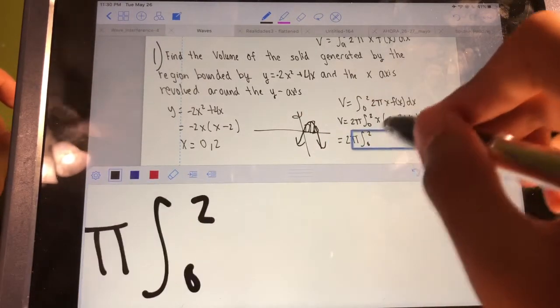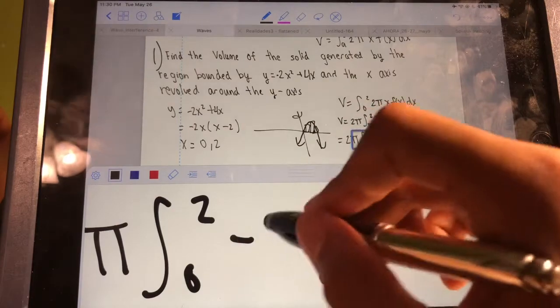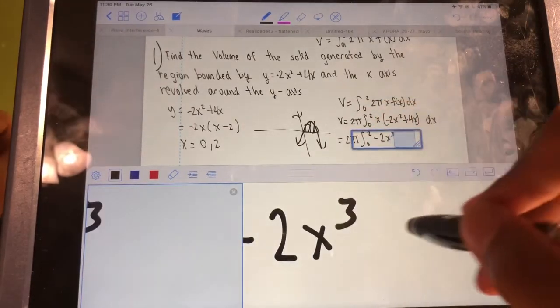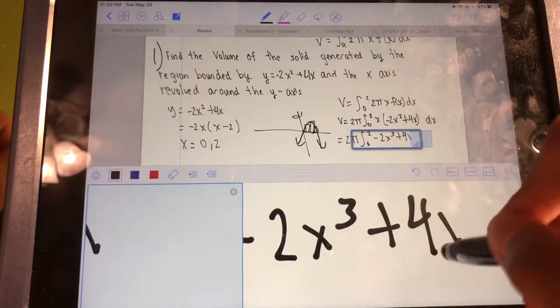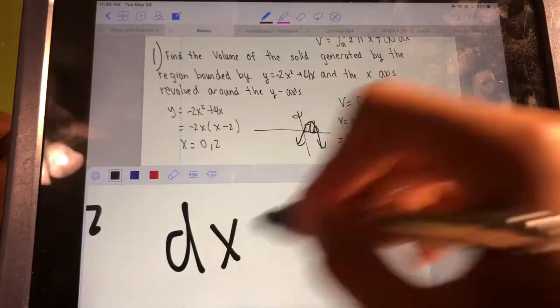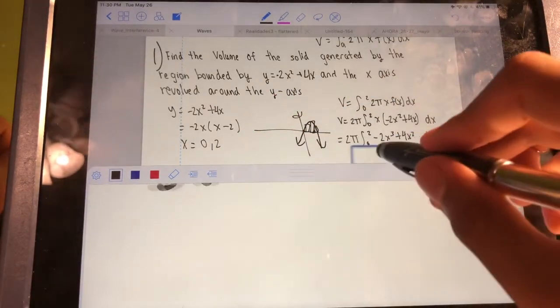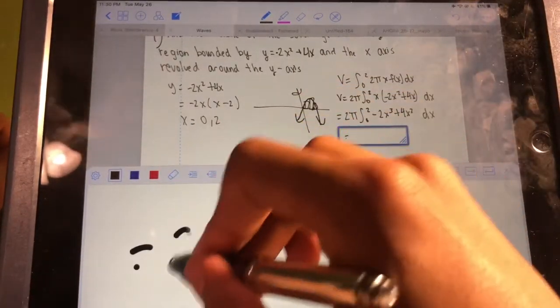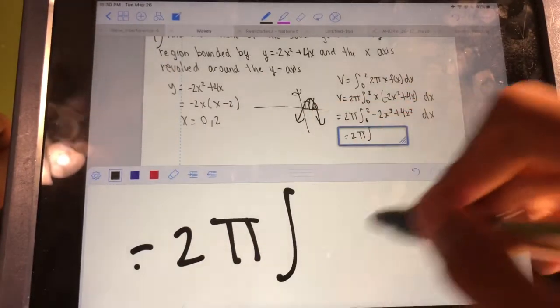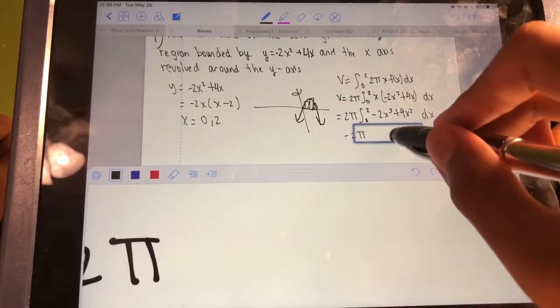If you distribute the x, it becomes negative 2x cubed plus 4x squared dx. Actually, we can find the integral of this right now.